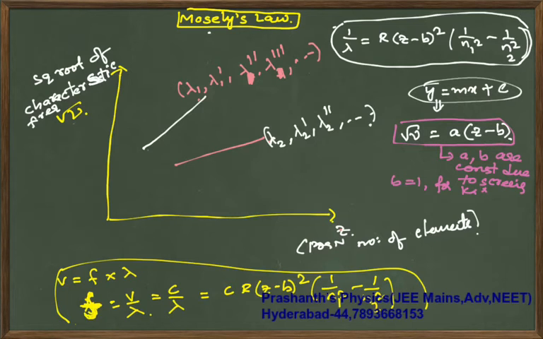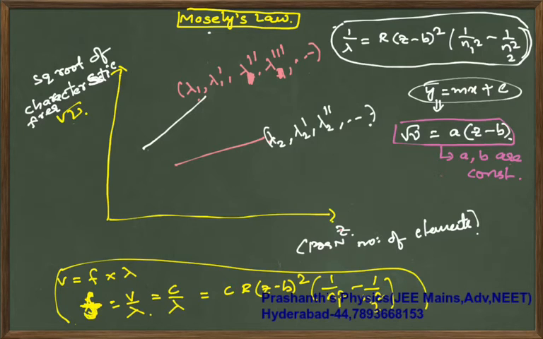So a and b are constants, that much you remember. Don't think too much. Based on this he gave positions to different elements in the periodic table.